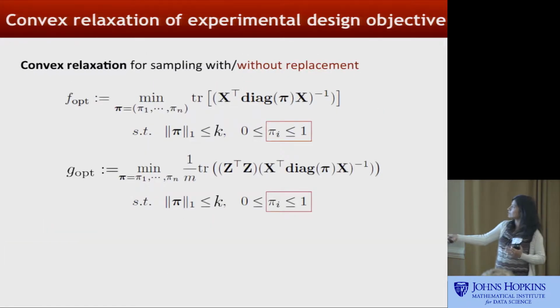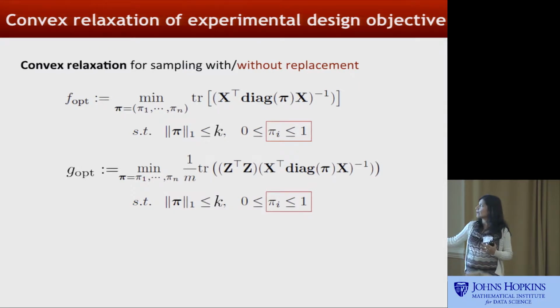So we come up with these objectives, which are the same as before, except now I am putting in a diagonal matrix here whose entries are pi, and they lie between, well, actually pi over k can be thought of as a probability distribution. Okay, so essentially if I look at pi over k, this is saying that they sum to 1.